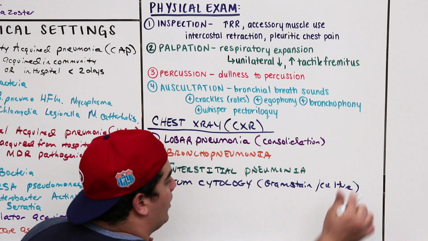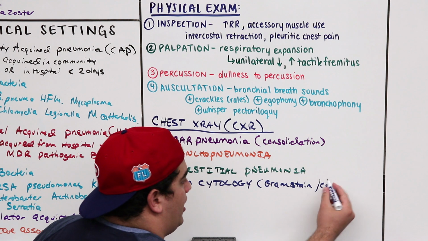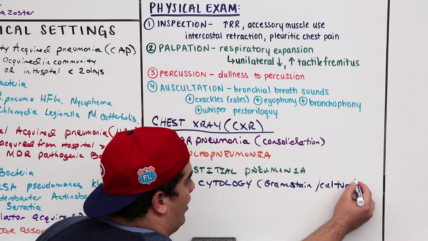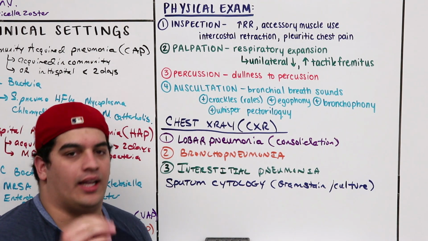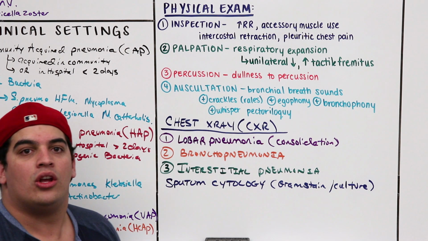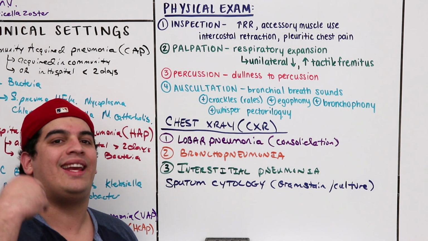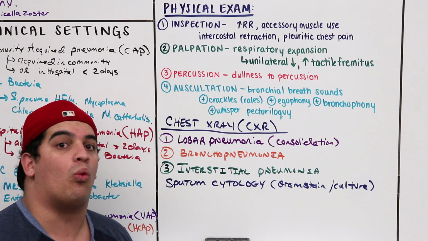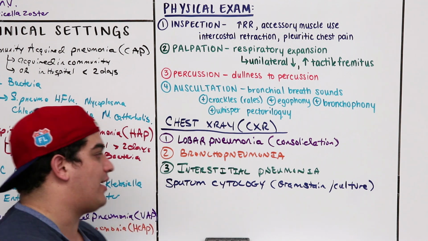Okay? Now again, going back to this, with sputum cytology you have to send it to get a gram stain or culture, but you can also get an idea. It's not a perfect thing, like, oh, that's it. But from a macroscopic appearance of the sputum, you can gain a little bit of an idea of what kind of bacteria might be associated with this infection.